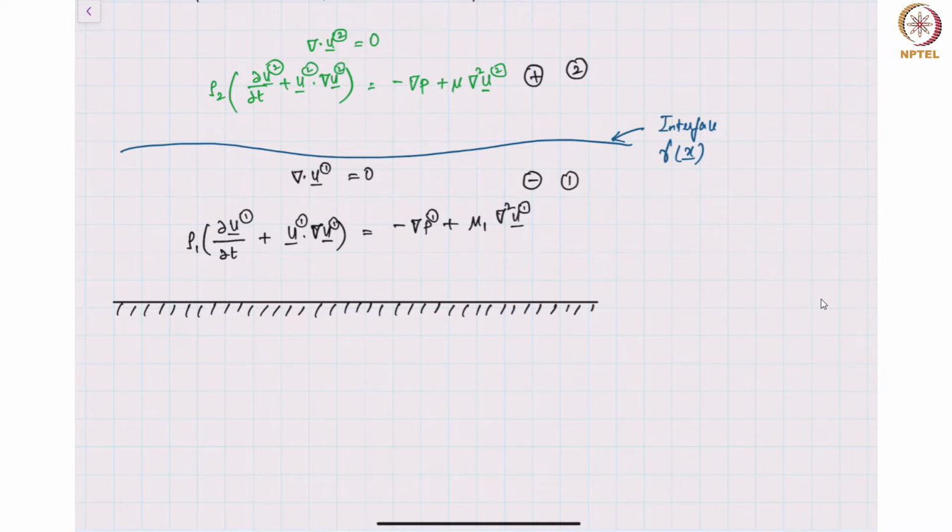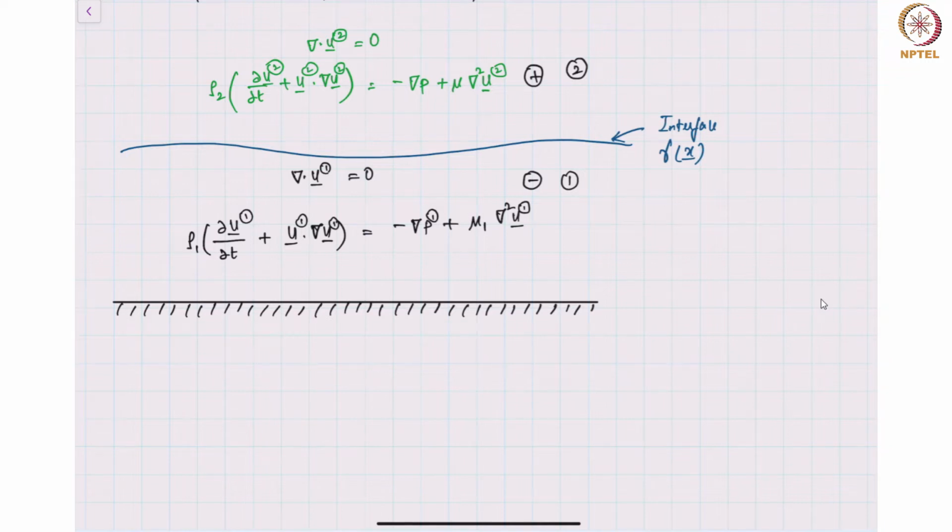So these are the equations in both the fluids. In addition, we can also put in a gravity term, either in fluid 1 and fluid 2 both, or only in one of the fluids. But when we actually solve problems such as flows of thin films and so on, we will introduce this gravity term later.